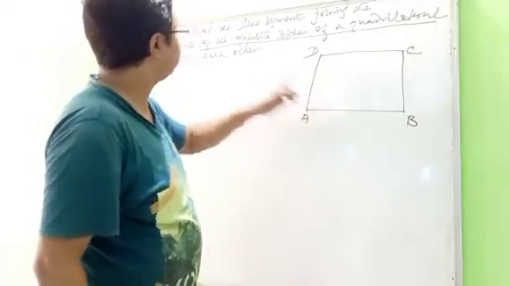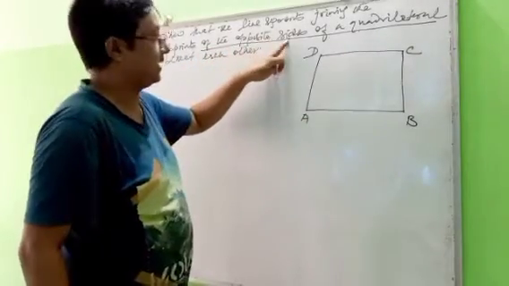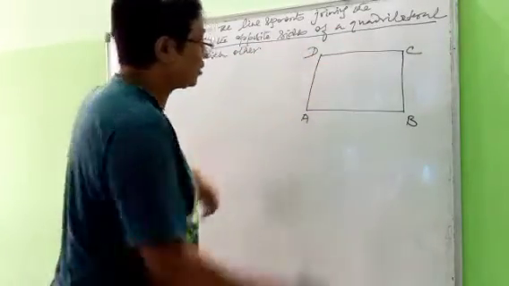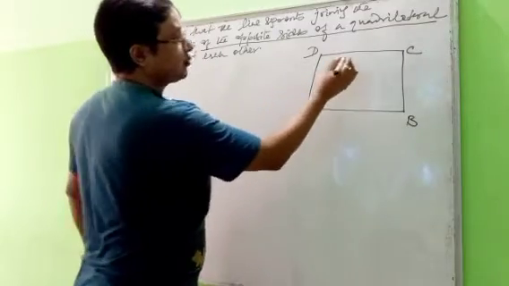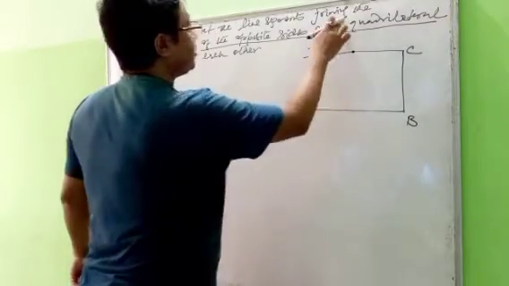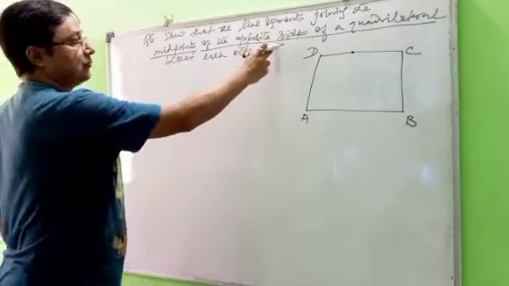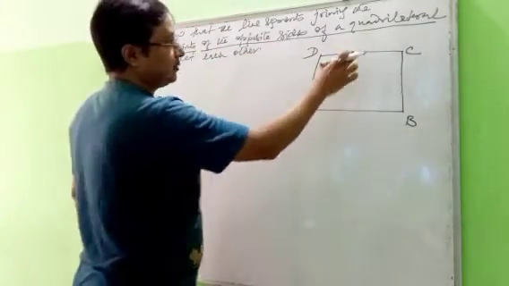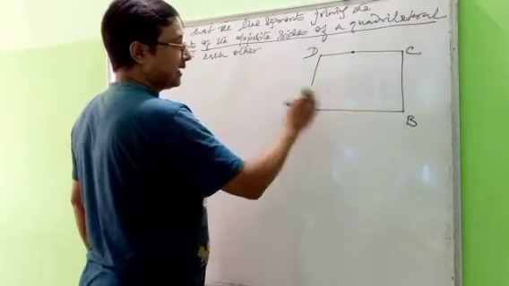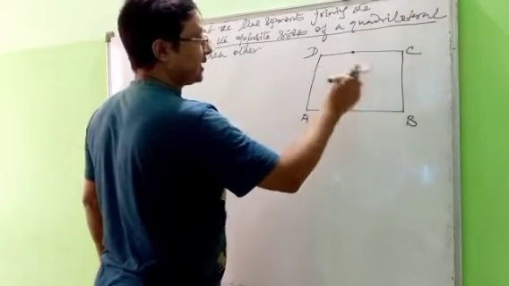How? By joining the midpoints of the opposite sides of this quadrilateral. So you take the midpoints. These are the two opposite sides and this is the next pair of opposite sides.